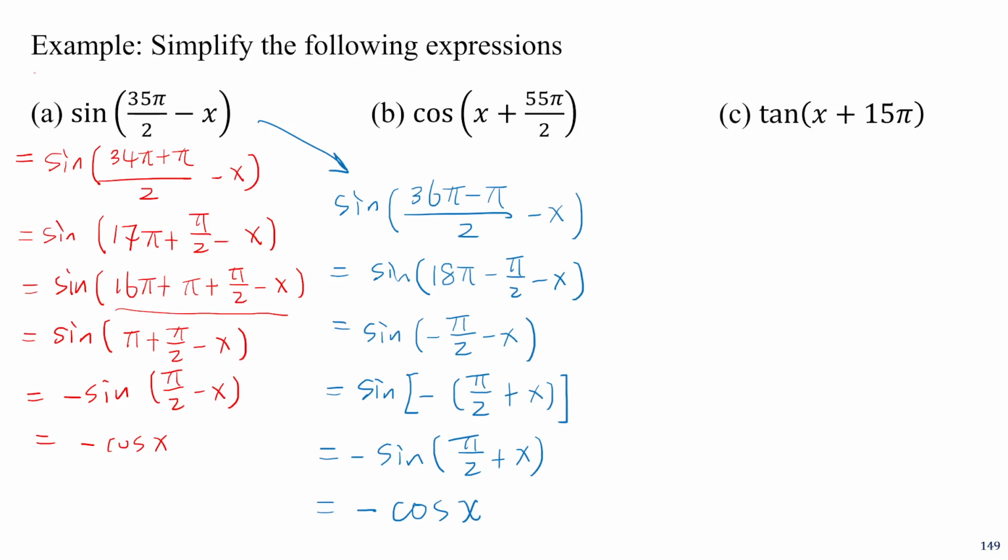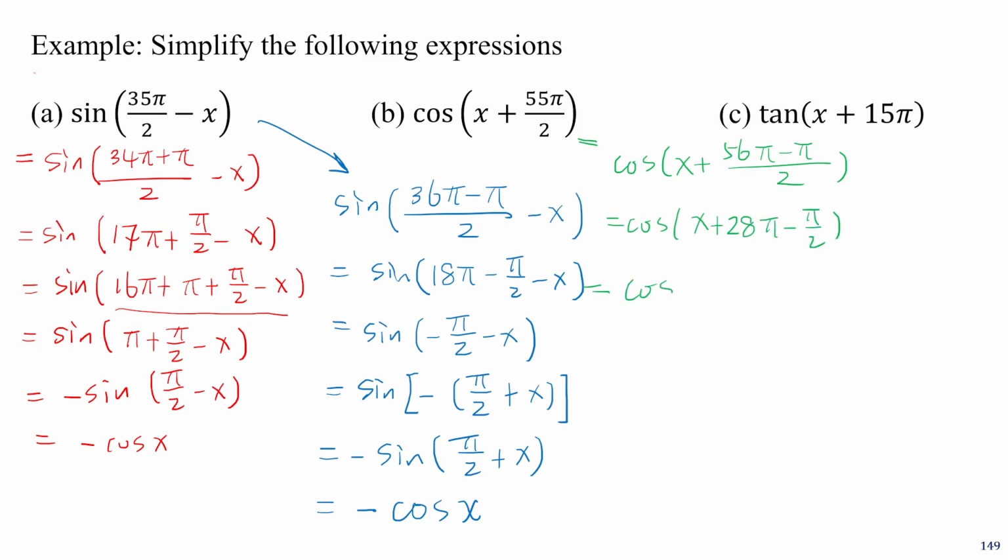Well, basically you can use the same method to simplify the second one. Cosine x plus, so how many 2 pi's are there? We can consider this as 56 pi minus another pi over 2, right? And that equals cosine x plus 28 pi minus half pi.